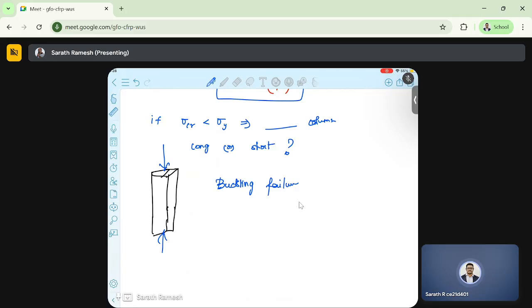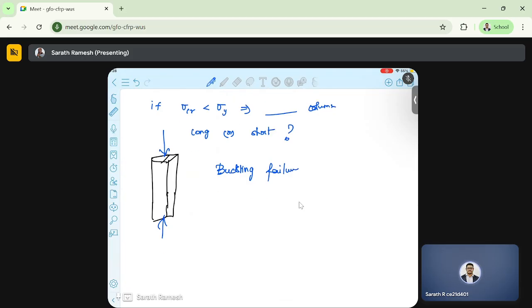So failure induced by buckling, and here it won't wait till all the material gets yielded, right? It will simply fail before that, way before that. So we have to be cautious. So that is sigma cr, the critical compressive stress that we have seen. This is buckling failure. Another failure is yielding failure. Here, sigma y governs.